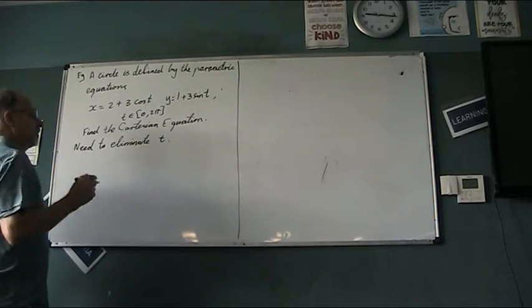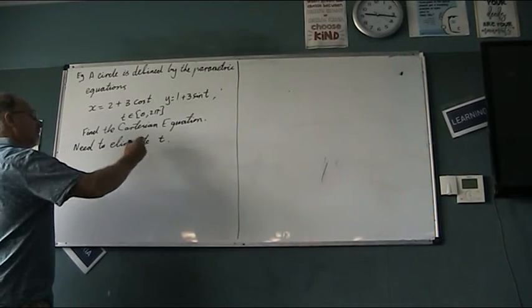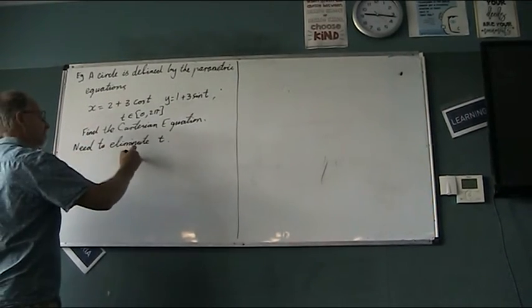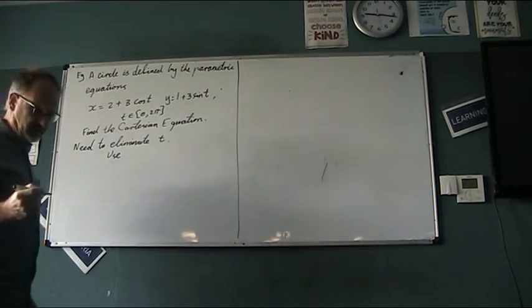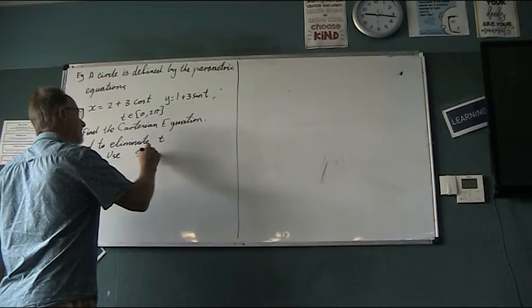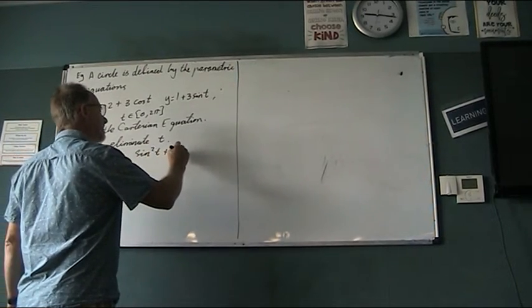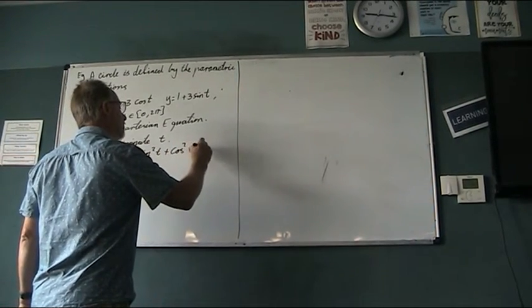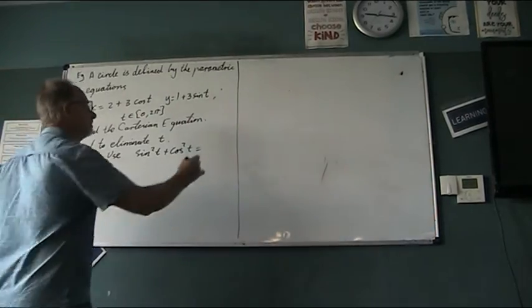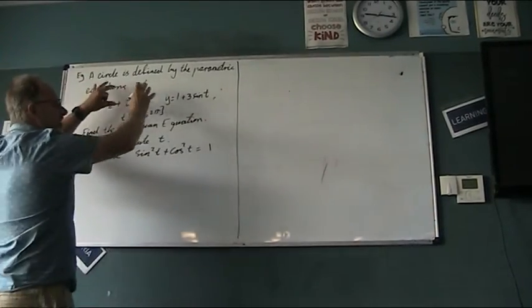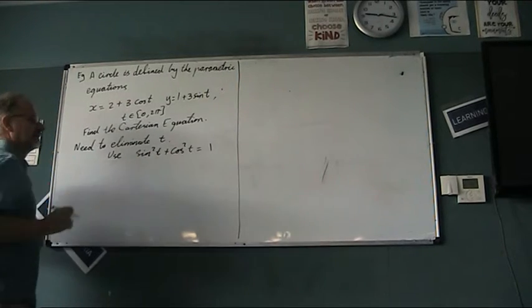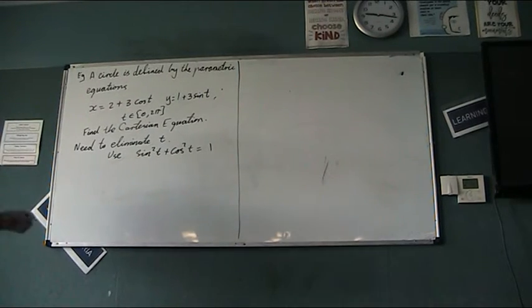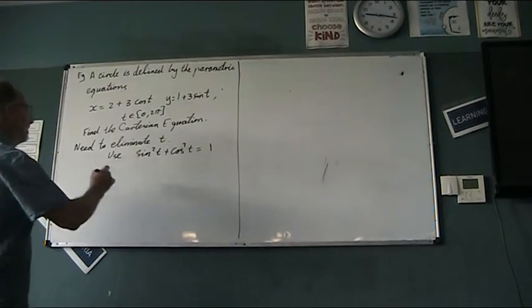So part of what we need to use is the fact that sine squared t plus cos squared t is equal to what? 1. So we need to play around with each of these so that we can get sine squared and cos squared, and then we can put them together. So let's have a look at that.